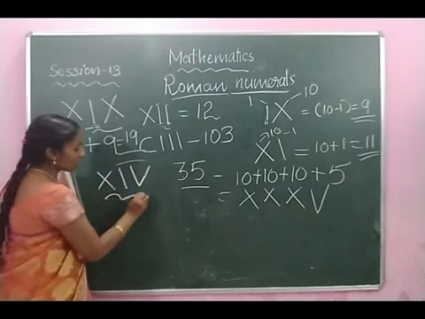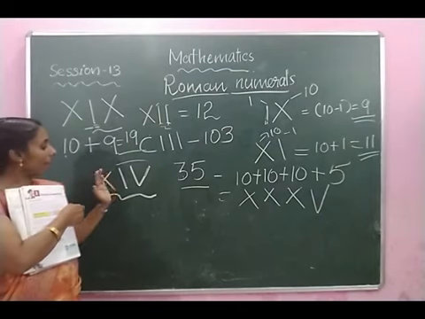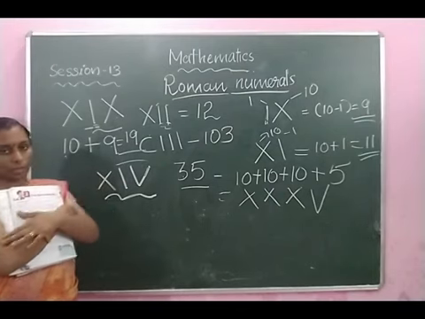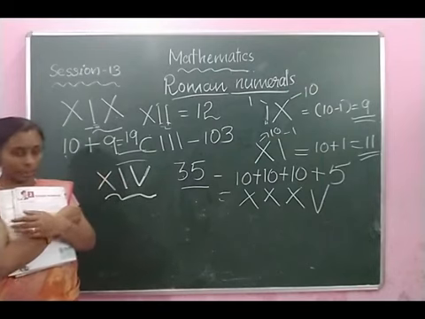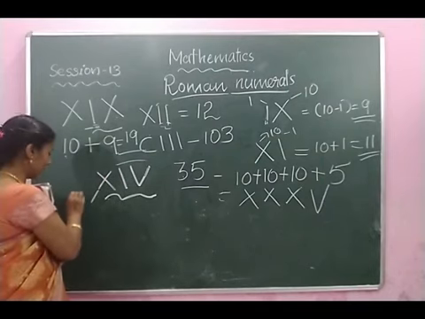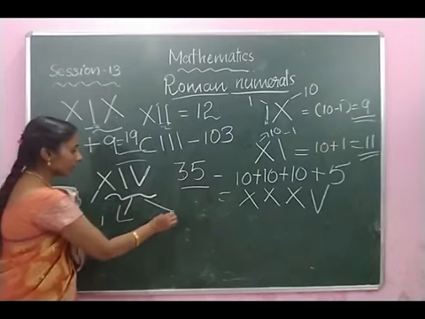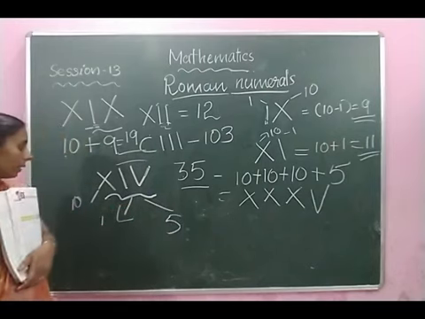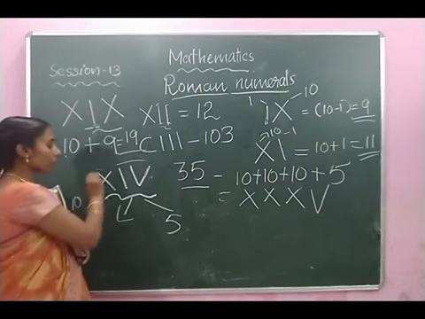XIV. Here, see, between X and V, I comes. Between two greater values, I comes. X means 10, I means 1, V means 5. Then this I comes between these two greater values.